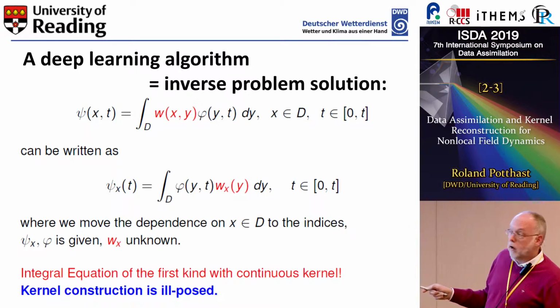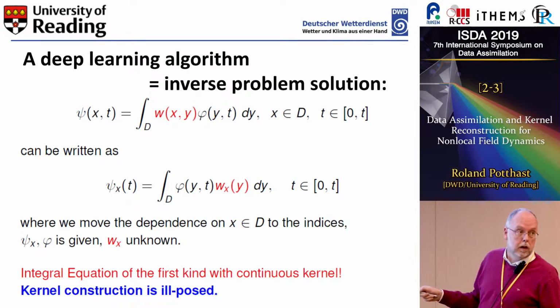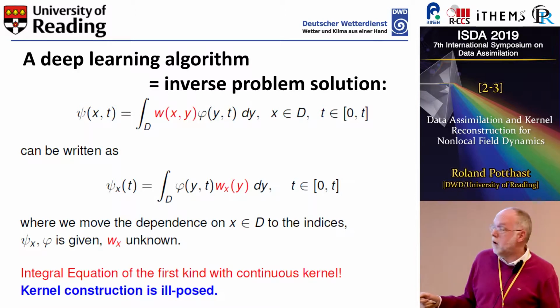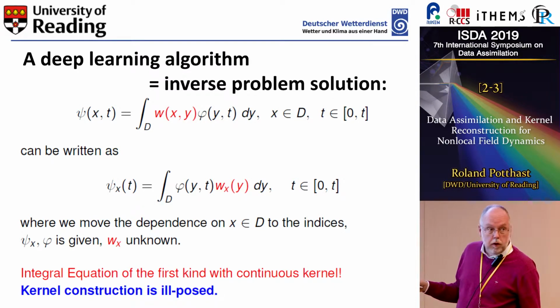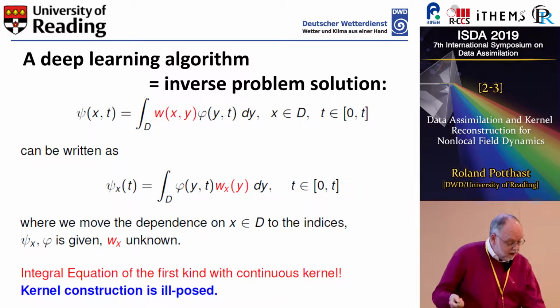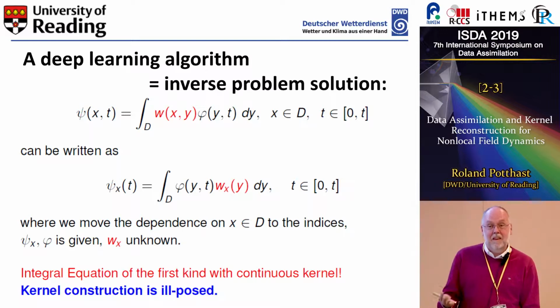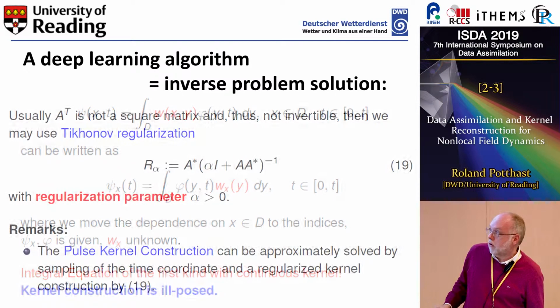W of x is the unknown, and this right-hand side or left-hand side is known. So you can basically solve a family of integral equations to solve the learning problem here. And you know, usually this is an ill-posed equation. It has to be stabilized to properly work, and basically use a technique which is exactly, again, something like 3D-Var or Tikhonov, and we can just do this and any other one.